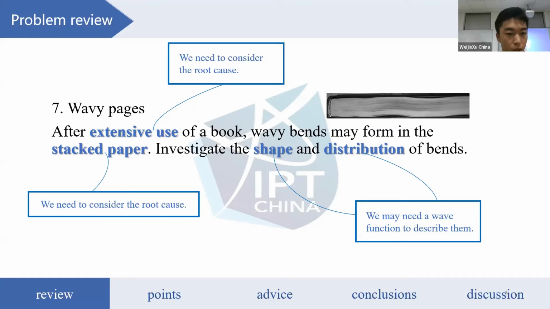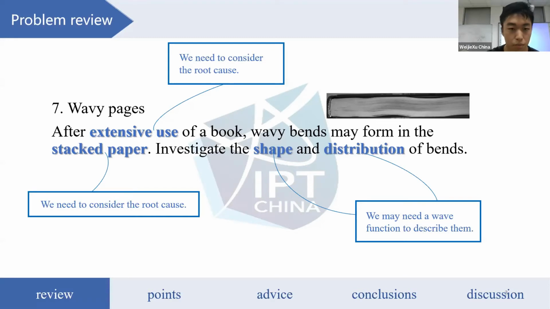And for the stacked paper, I think it is necessary to state whether there is any difference between a single paper and stacked paper. And I think the shape and distribution is to find its wavelength.